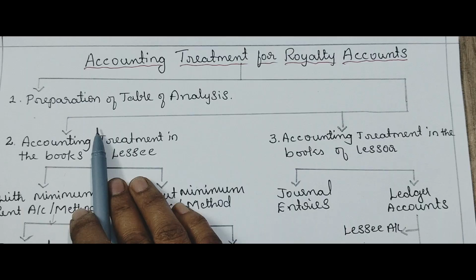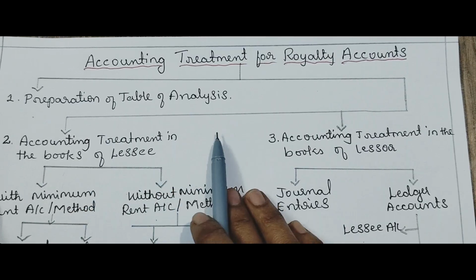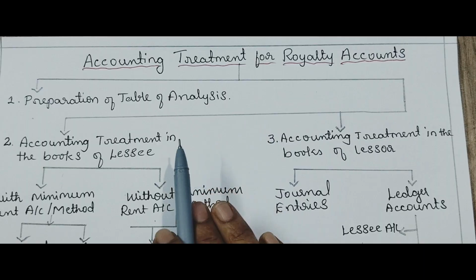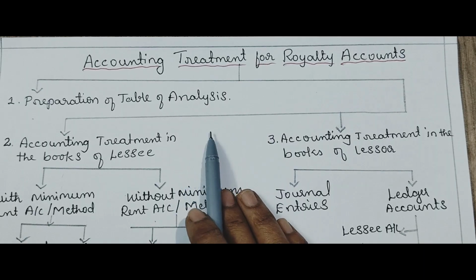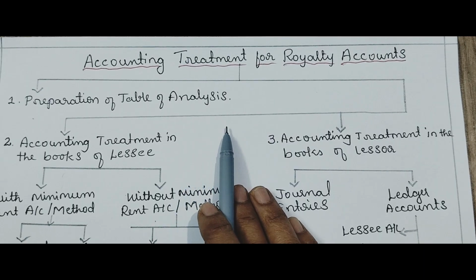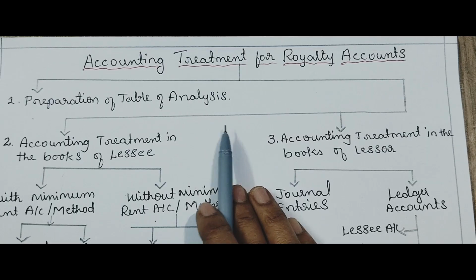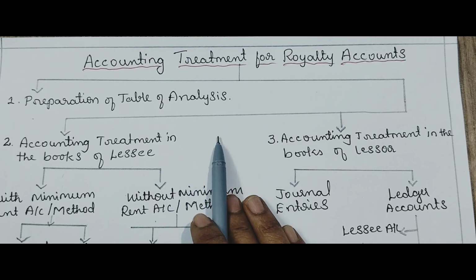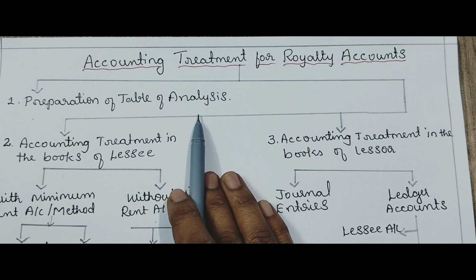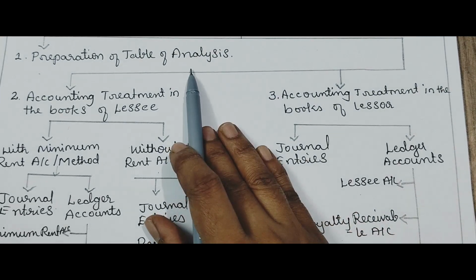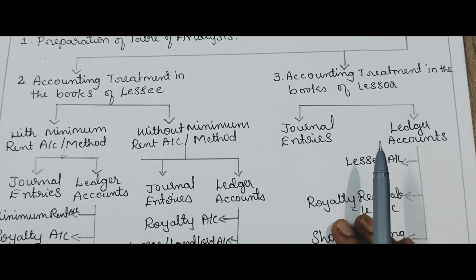It shows how much is short working, what the short working recoupment is, and how much you have paid to the landlord. The complete information on minimum rent and royalty will be mentioned in the table of analysis. We will understand that in detail in upcoming videos.